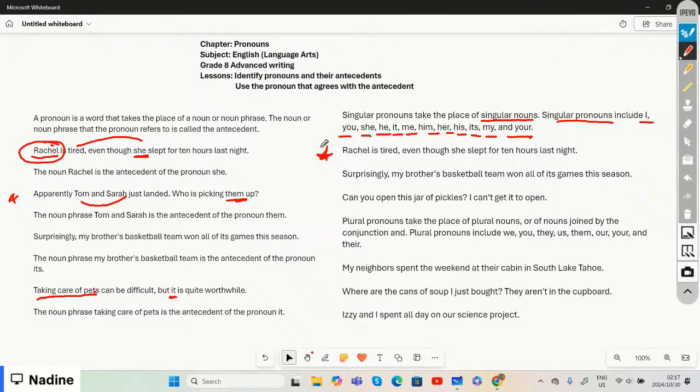Firstly, Rachel is a singular noun, and the pronoun she is a singular pronoun.